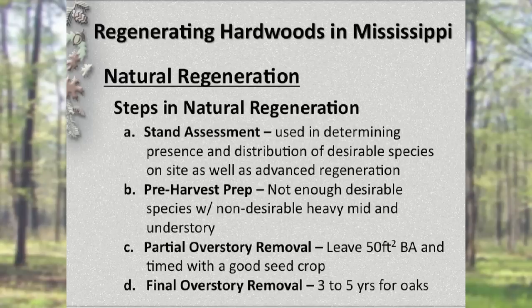And finally, after all that's completed, we have our advanced regeneration seedlings coming along. Not necessarily have to remove the overstory, but we'd like to remove it in about 3 to 5 years and get our new stand growing up.